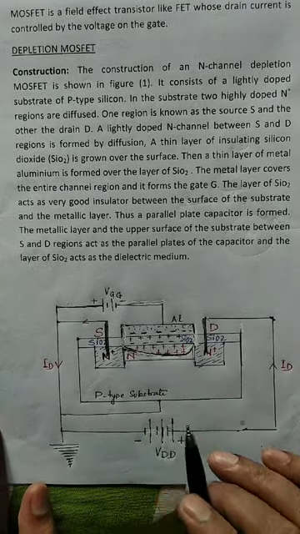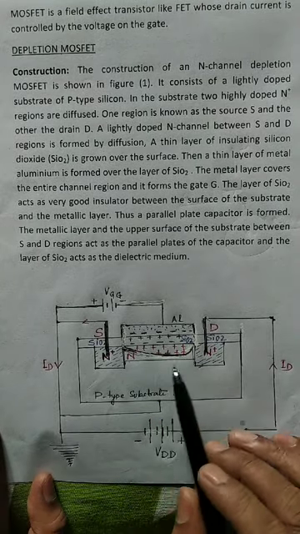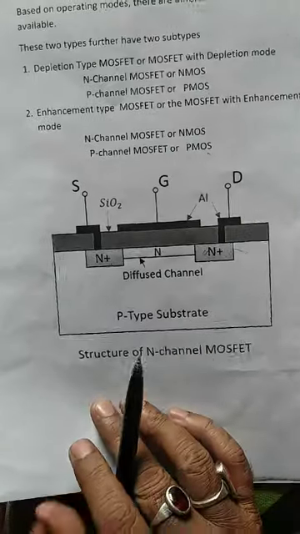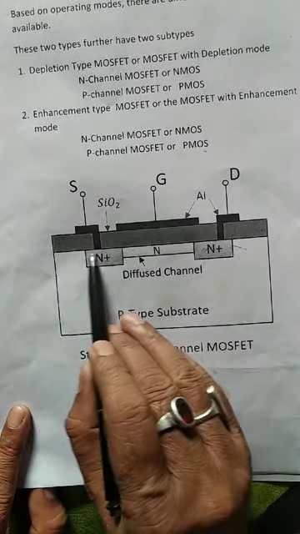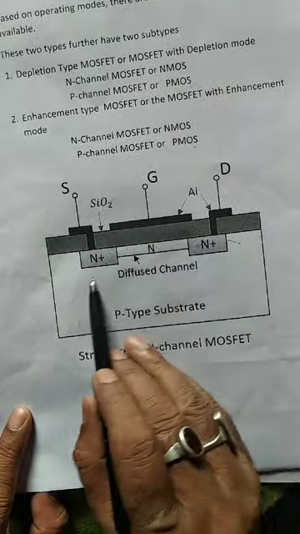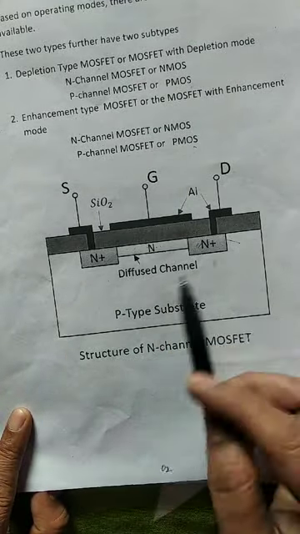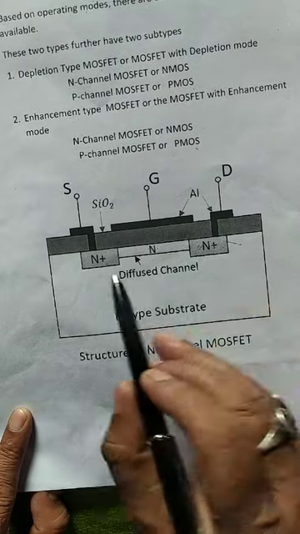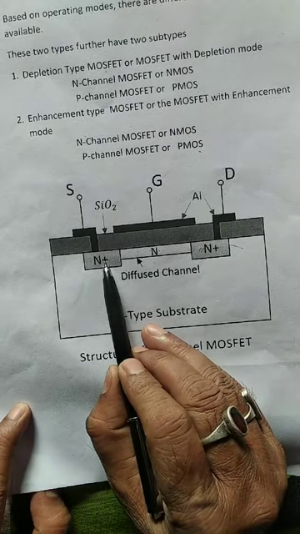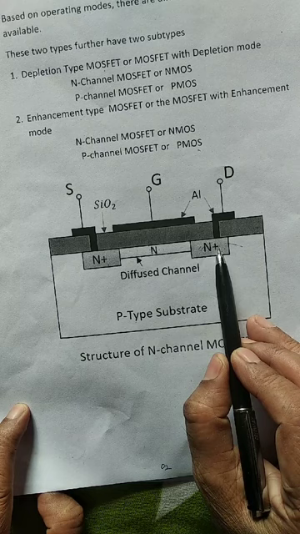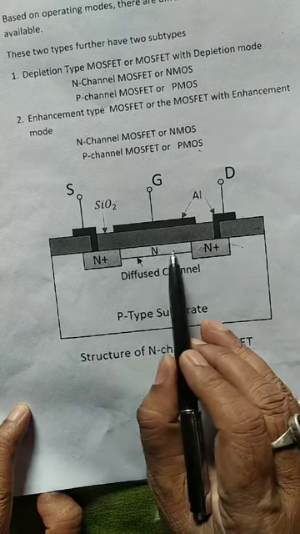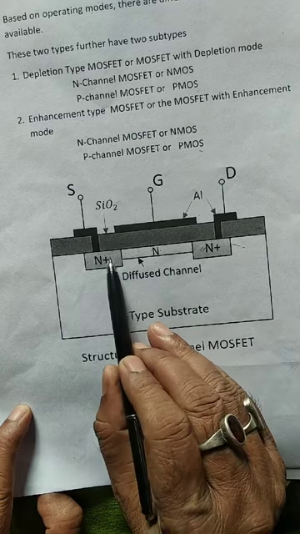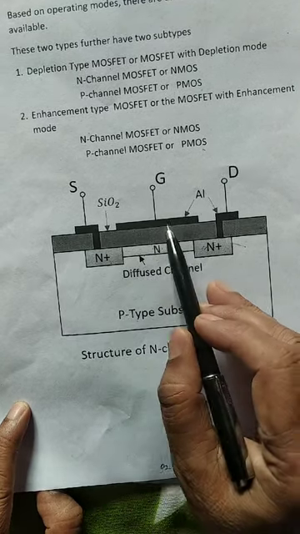See here. This is a P-type substrate. This portion. And there is a cut here. Heavily doped N plus here, N plus here. And this is the channel. You can see N. So it is called N channel MOSFET.